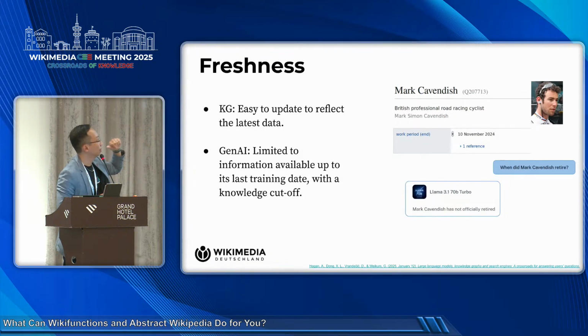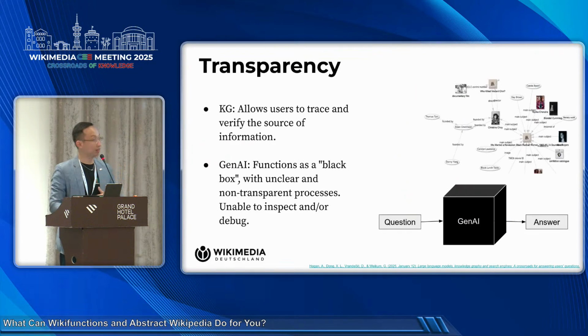However, in Wikidata, we actually saw that he retired on the 10th of November 2024. If I'm not wrong, the cutoff date for Llama 3.1.7 was actually in 2022. So there's this freshness issue that we see.